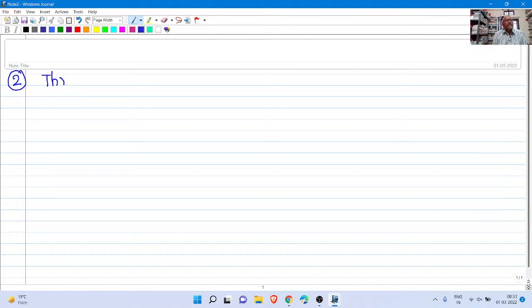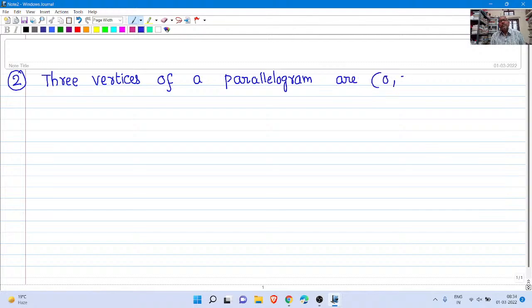Three vertices of a parallelogram are 0, 0 and a, 0 and b, c.